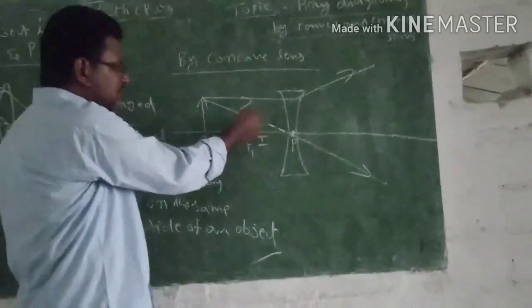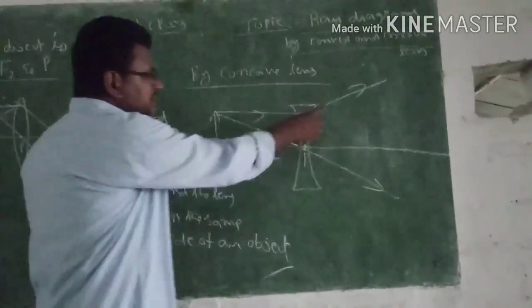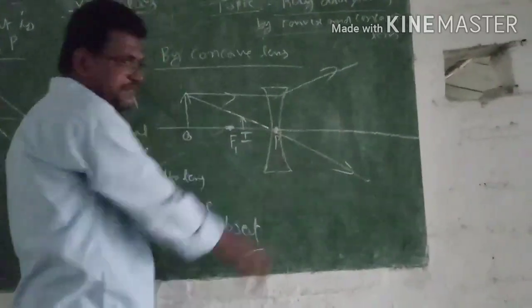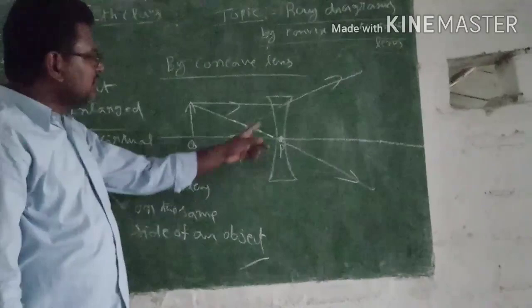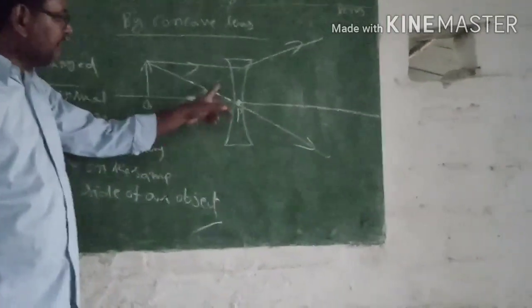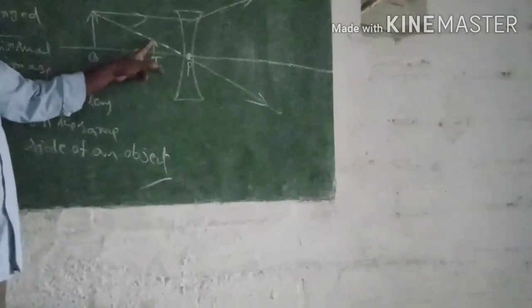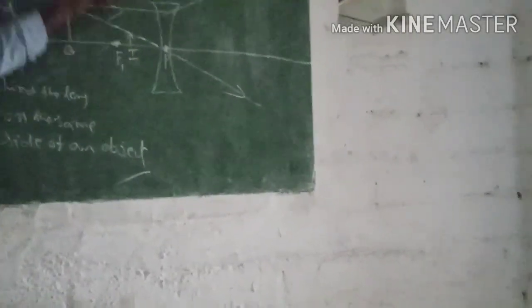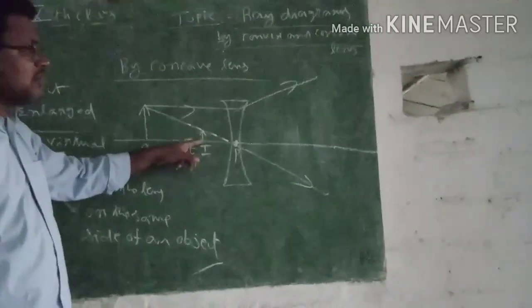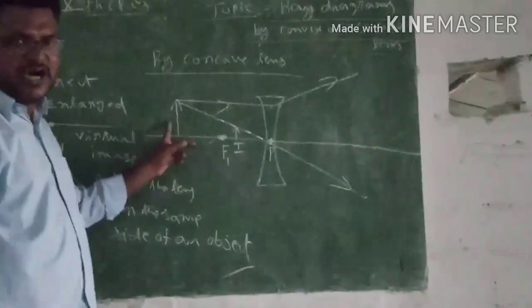This is the extension of this refracted light ray, and this is the extension of this refracted light ray. And here the two extended refracted light rays intersect at this point. Now draw a perpendicular from the principal axis to this point, and this is called the image of this object.